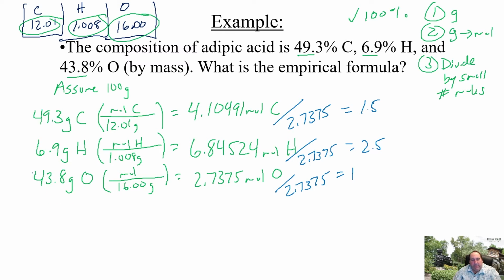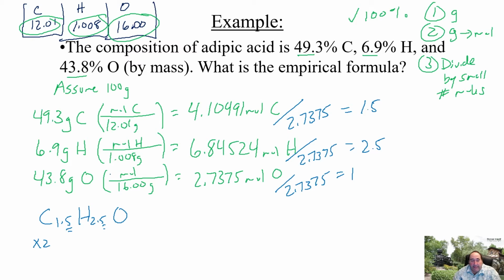So our empirical formula at this point, not looking so pretty. 1.5 for carbon, a little 2.5 for hydrogen, and 1 for oxygen. This clearly is not all whole numbers. This is a good sort of situation here. You could probably figure it out, 0.5. If we multiply everybody by 2, that is going to clear up our decimals.